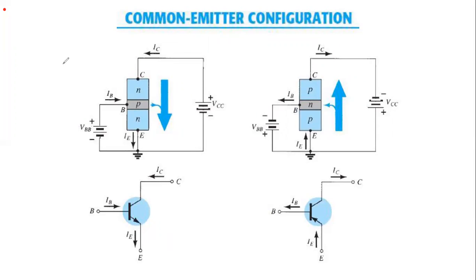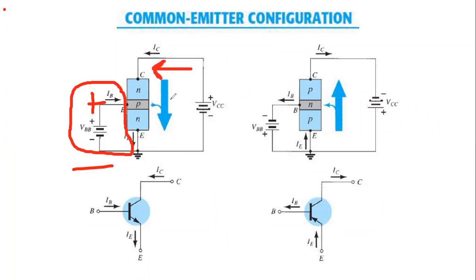If you see, my students, this is the input side, base and emitter. This is plus, this is minus, so the voltage will be plus minus. But in the output side, the current is flowing in the opposite direction.